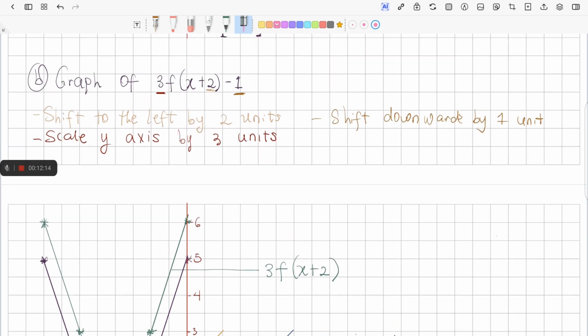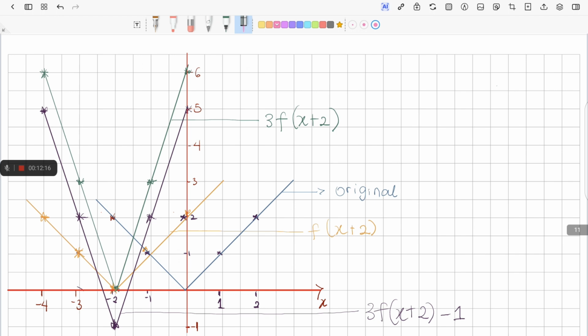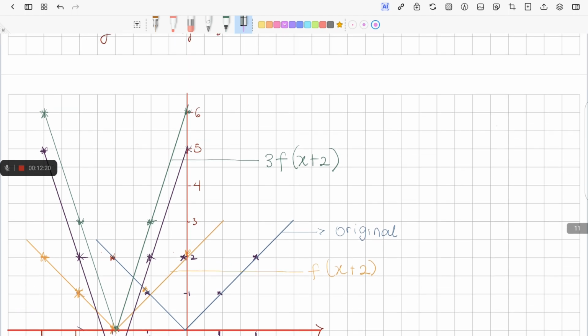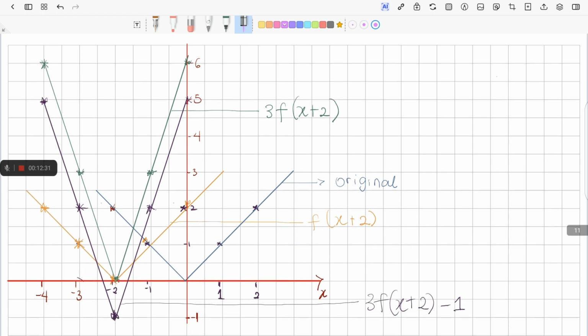So we're going to apply all of those 3 transformations. The first step is shift to the left by 2 units, and that's what I do here. So we see here this yellow curve. The curve this is pointing to is f of x plus 2. My original curve is the blue curve.